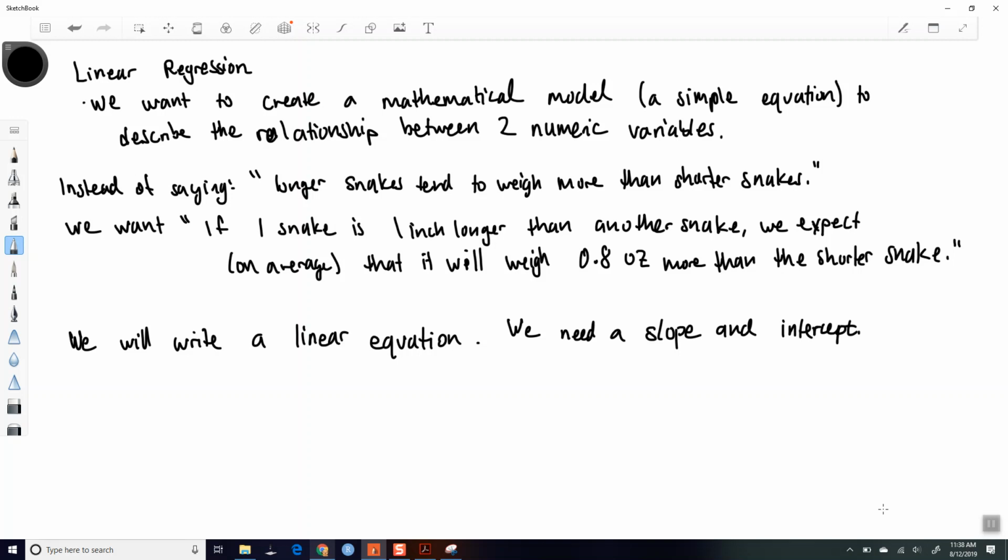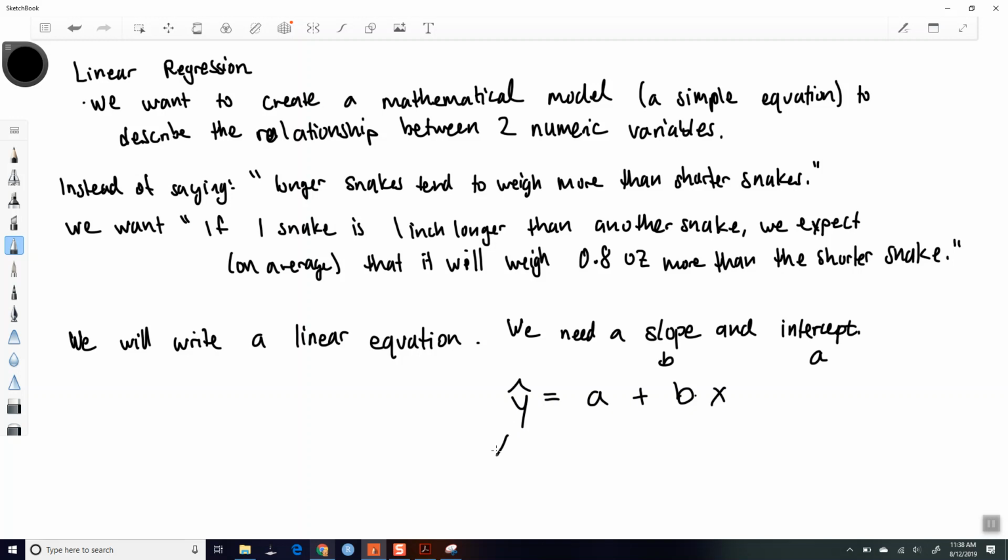Different textbooks use different letters to represent the slope and the intercept. Our textbook uses intercept is A and slope is B, okay? And we write y hat is equal to A plus B times X, okay?